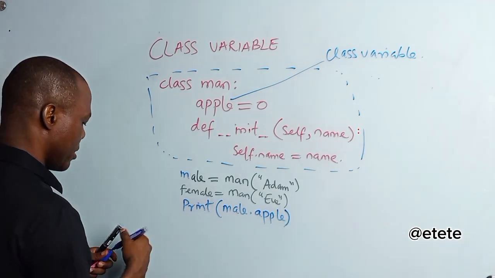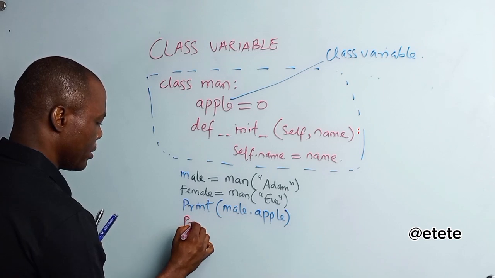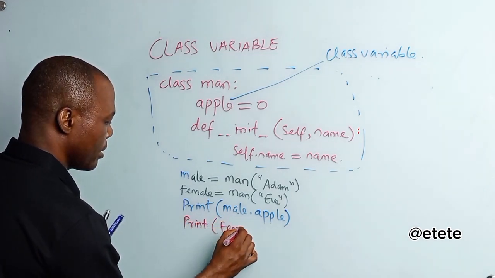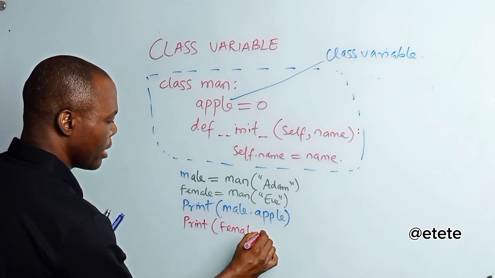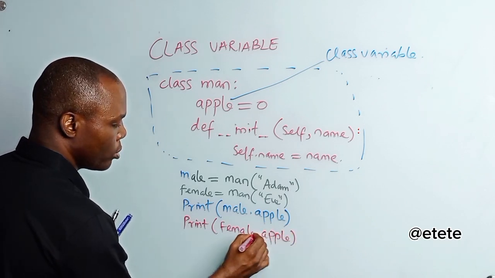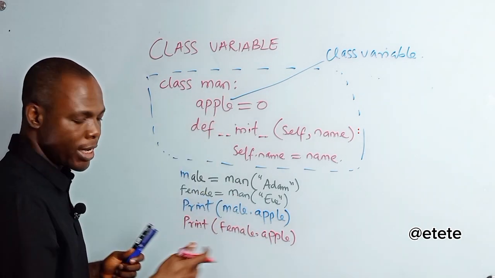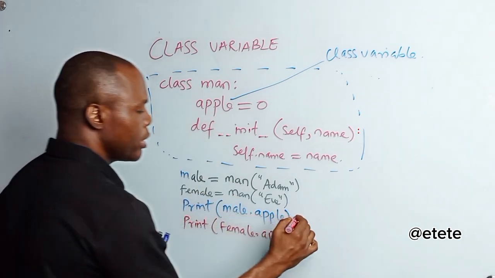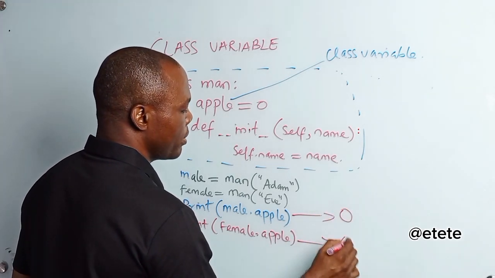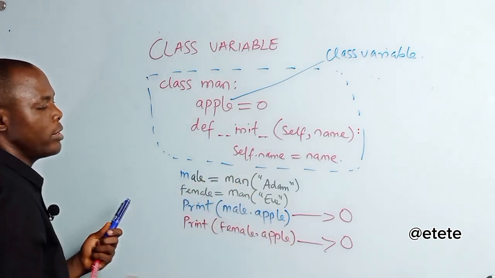And I can say print female.apple. So the dot notation is what you use to access the class variable. Same thing as the instance variable. Now, what would this one give me? This one will print out 0. This one will print out 0, right? If I do this, it will print it out on the screen.